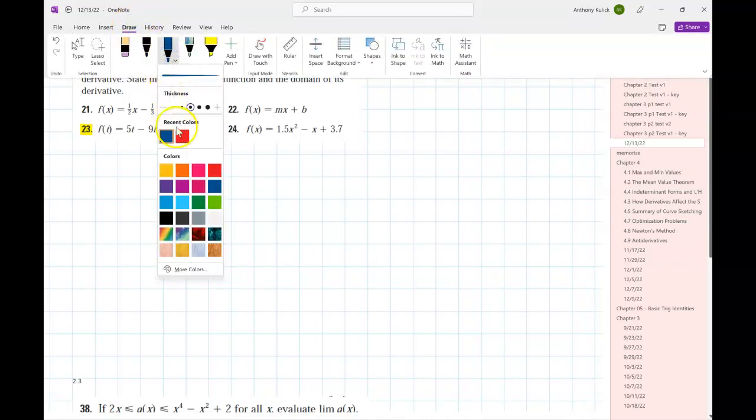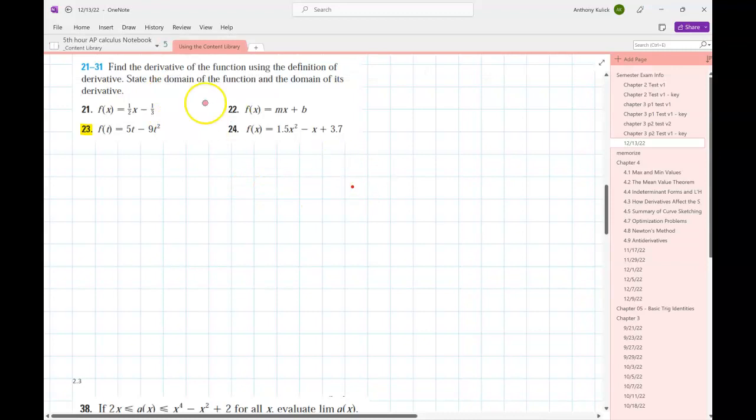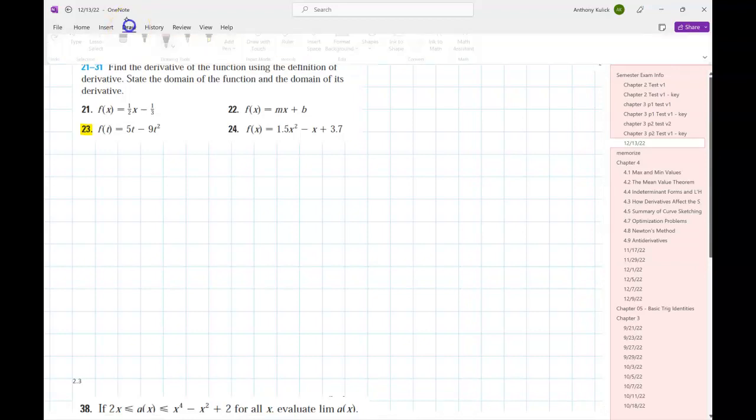Okay? So again, let's pause this, try to work through this, and then once you've gotten to a stopping point, tune back in.